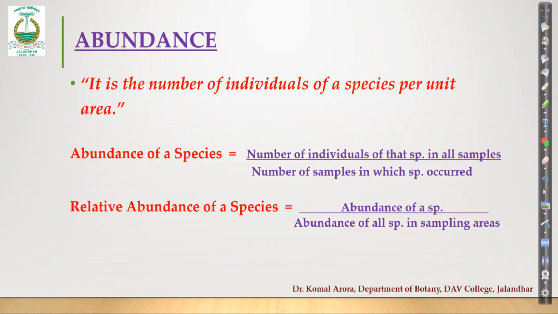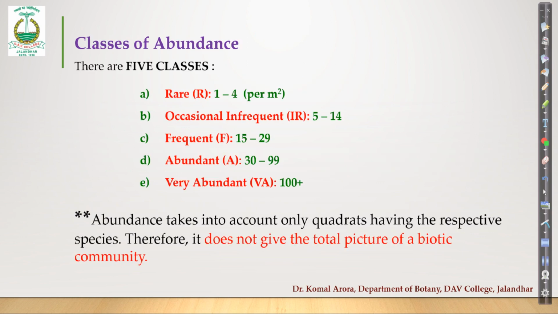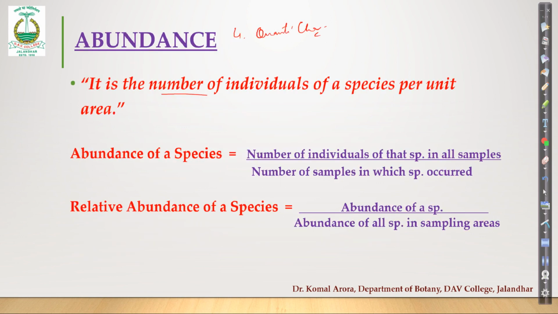Now coming to the fourth quantitative character, this is called abundance. Okay, so abundance is defined as the number of organisms, the individuals of a species per unit area.